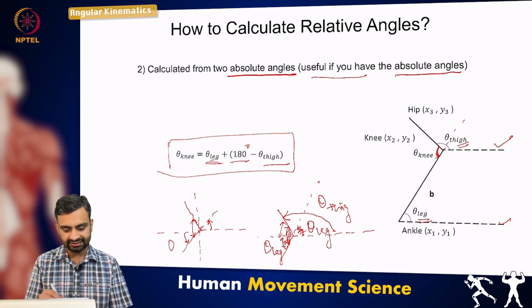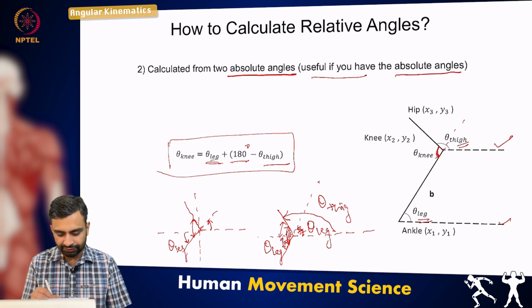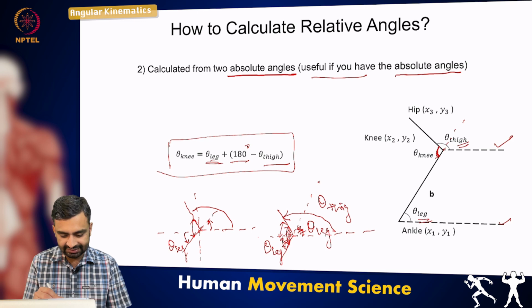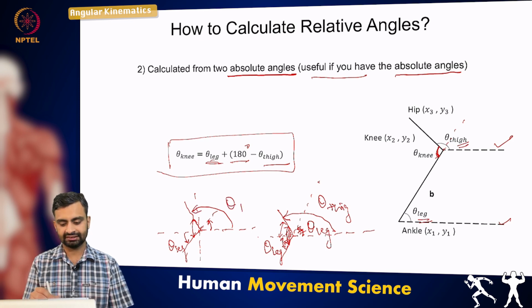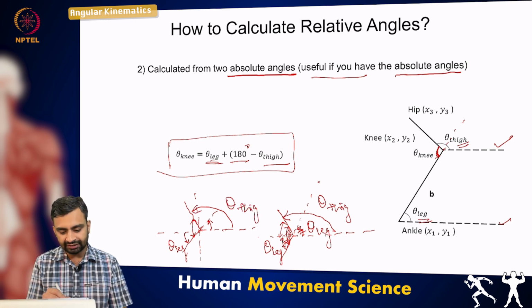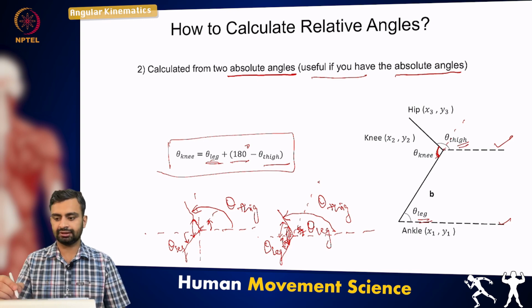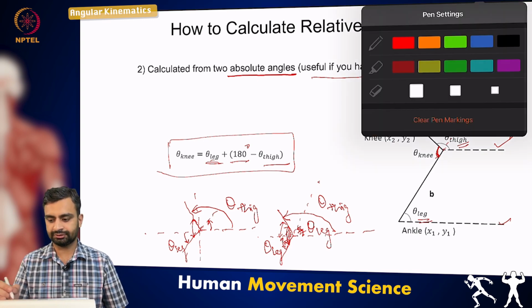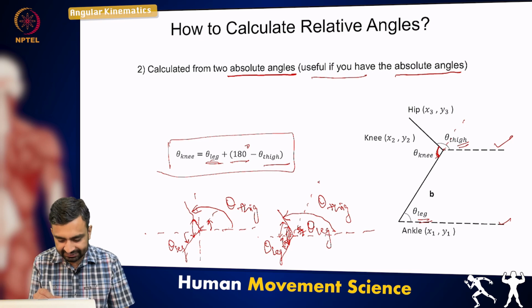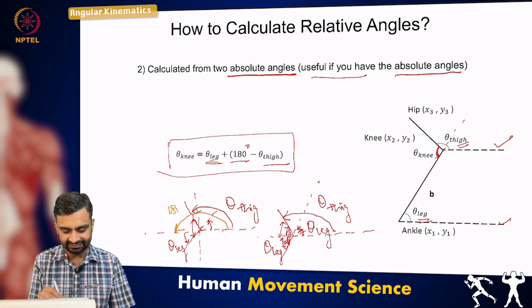So this is again theta leg. However, we know with this horizontal, this is making theta thigh, and this whole angle over here is 180 degrees.